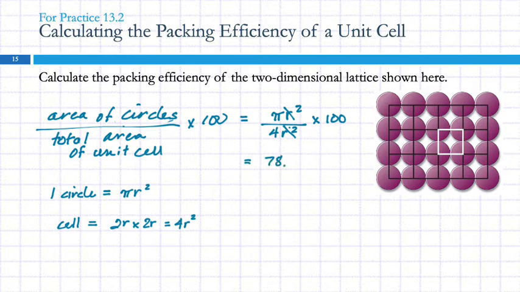So 78.5%. So in this unit cell, 78.5% of the area is occupied by the purple circles, and the remaining percentage is empty. And that's true whether you're looking at this square or at a much bigger area, the packing efficiency is the same. Any questions?